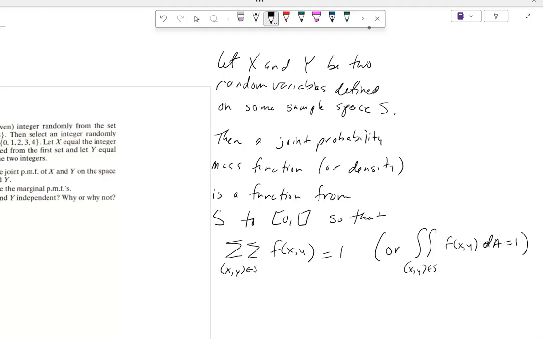Just like it did for the continuous case, we'll change our double sum into a double integral.